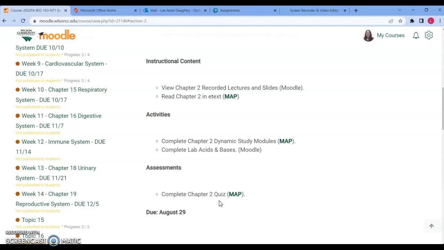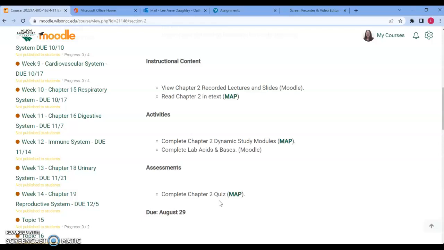So I'll make those corrections to the Moodle page, but the main thing is your graded activities for next week, on Monday night, August 29th, by 11:59 p.m., would be your lab and your quiz in Mastering A&P. And you can get used to that on a weekly basis.